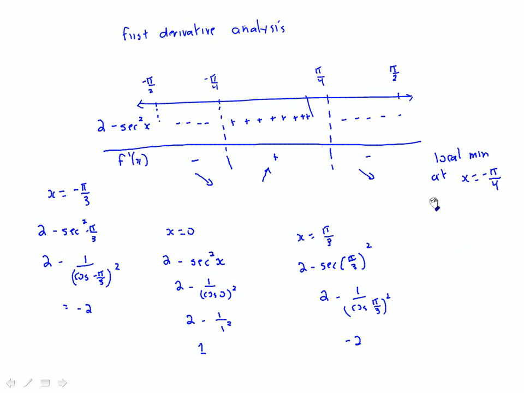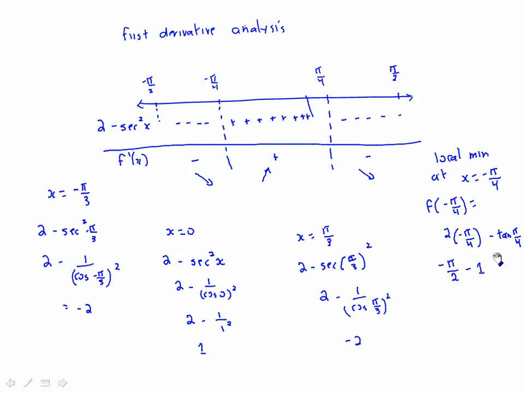And then if you were to find out what f at negative pi over 4 is, you plug it into the original, which is 2 times negative pi over 4 minus the tan of pi over 4. So this is negative pi over 2 minus, well, tan of pi over 4 is 1.